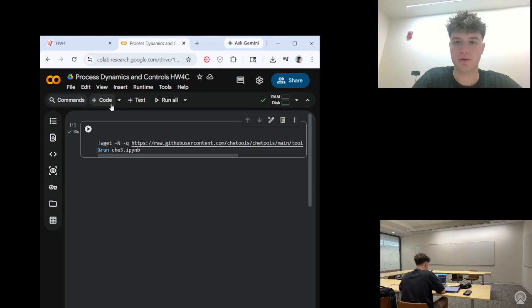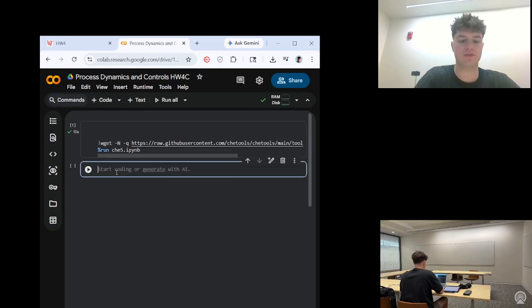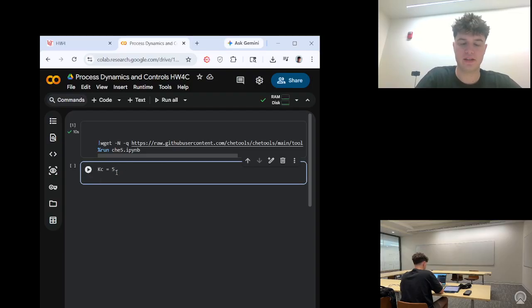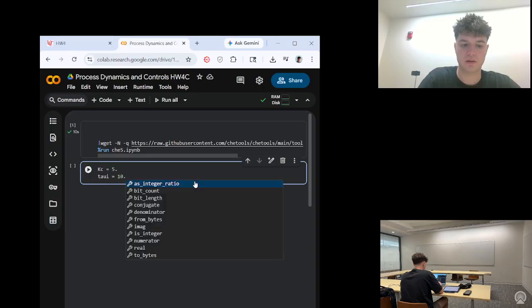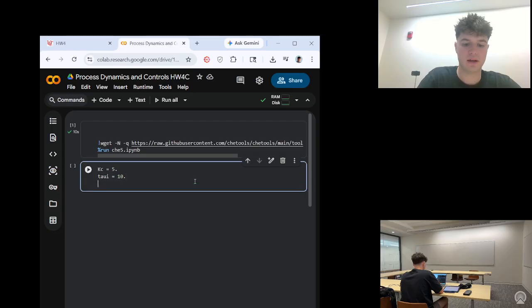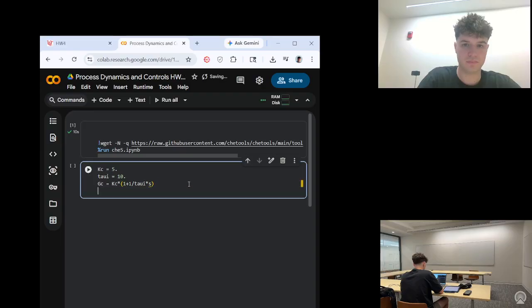And so the first part that we are going to do is actually input all of our specifications from the problem statement. KC is going to be equal to 5, tau initial is going to be equal to 10, GC is going to be equal to KC times 1 plus 1 divided by that tau initial, but it's going to be multiplied by S. K is going to be 1.